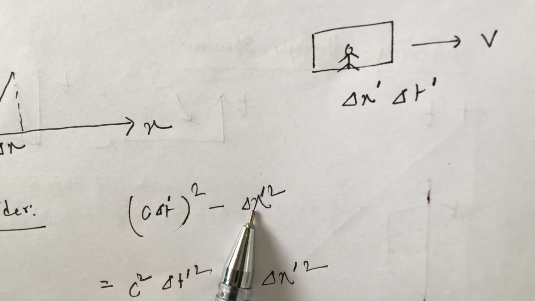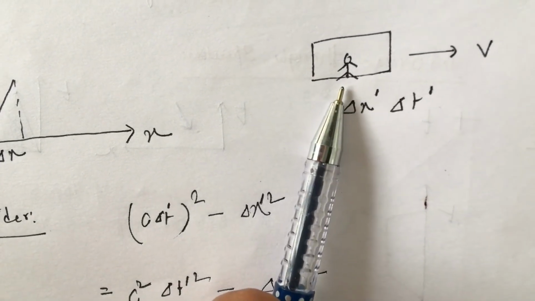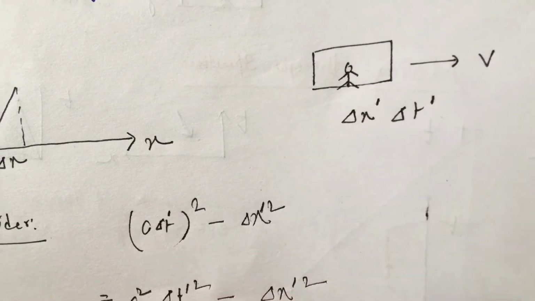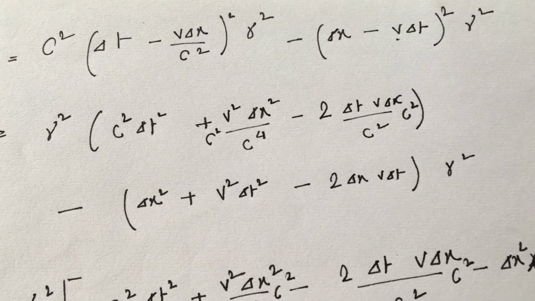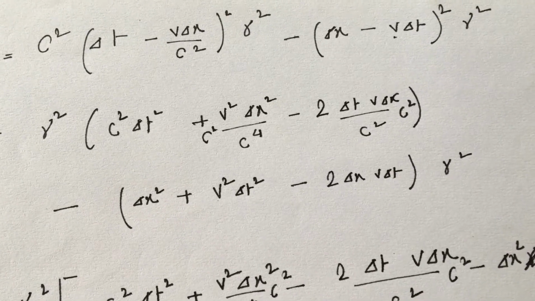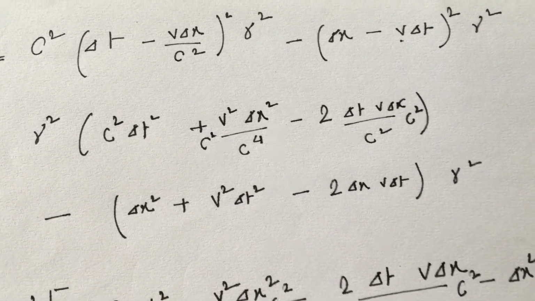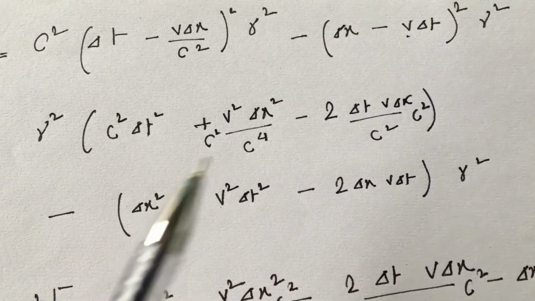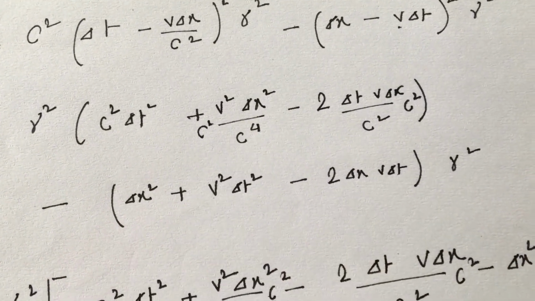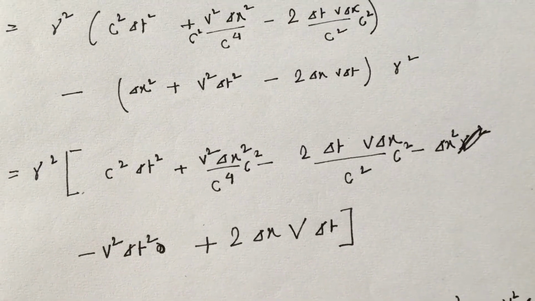Delta x prime is the measurement of the space interval measured by this person moving with speed v with respect to me. Let's see what that is. I'm just making a substitution for delta t prime and delta x prime, and then I'm doing some algebra. This is nothing but a minus b whole square. So I am just writing it down in the formula. Here is some algebra.